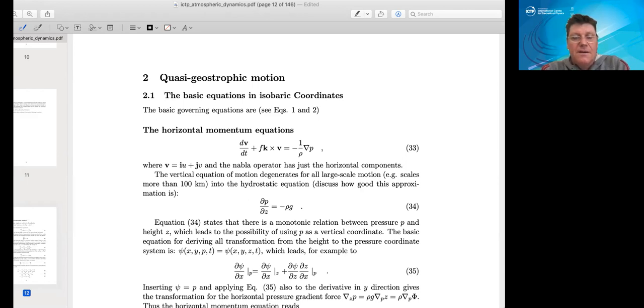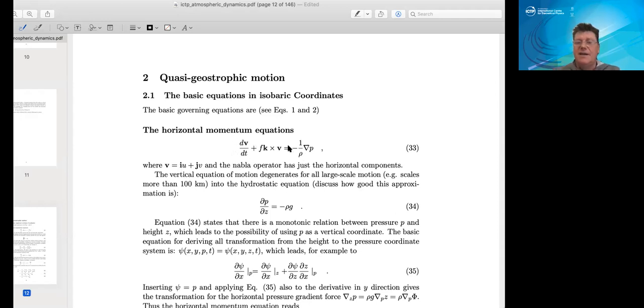But in order to derive this, we first write down again our momentum equation in the simpler form. It's the one that we had before already, but now we use the vector notation for the two horizontal velocities u and v. So this is again our Euler equation.